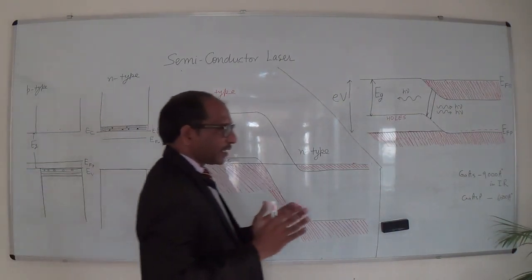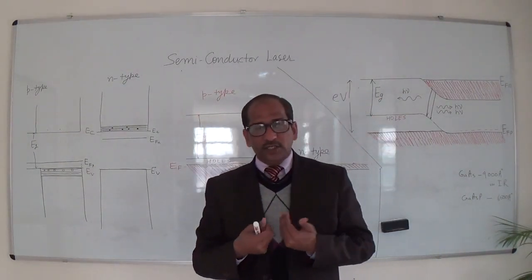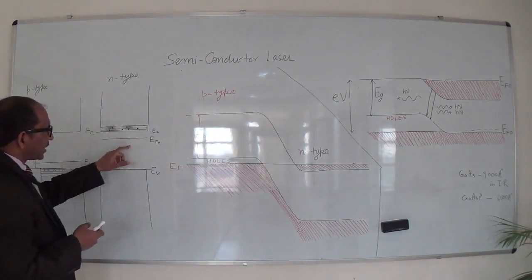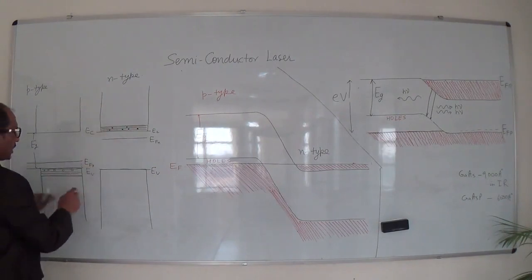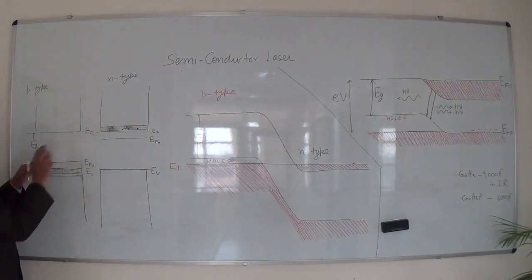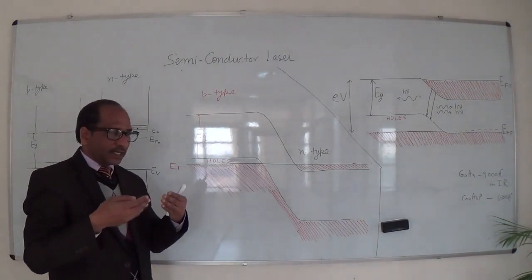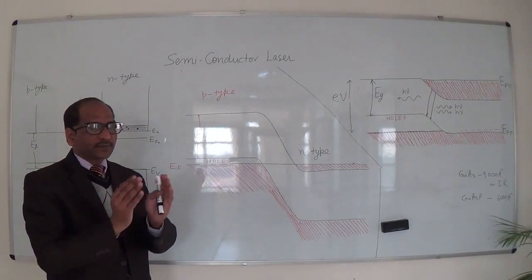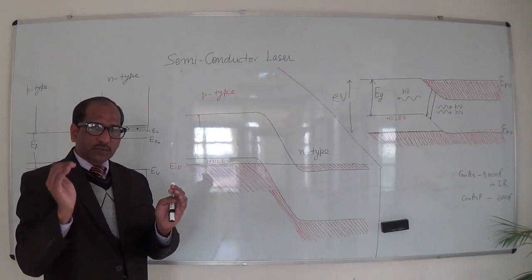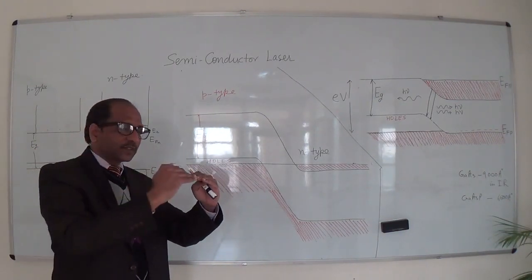So what happens when we join this p and n junction? What happens with this Fermi energy level, which is above, and this one, which is below in comparison? When we join p-type and n-type semiconductor materials, electrons start to flow towards the p side, and holes, which are majority charge carriers, move towards the n-type.